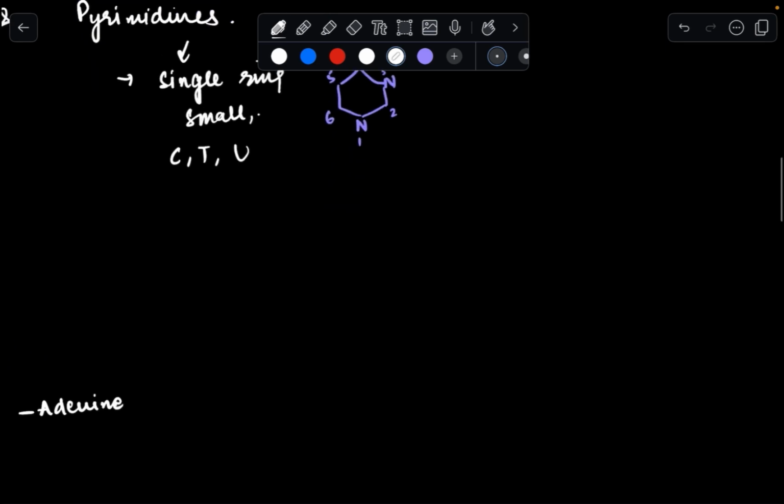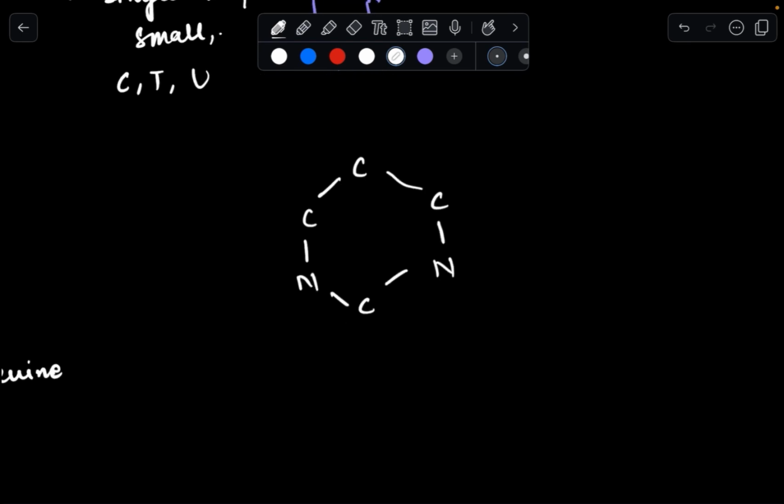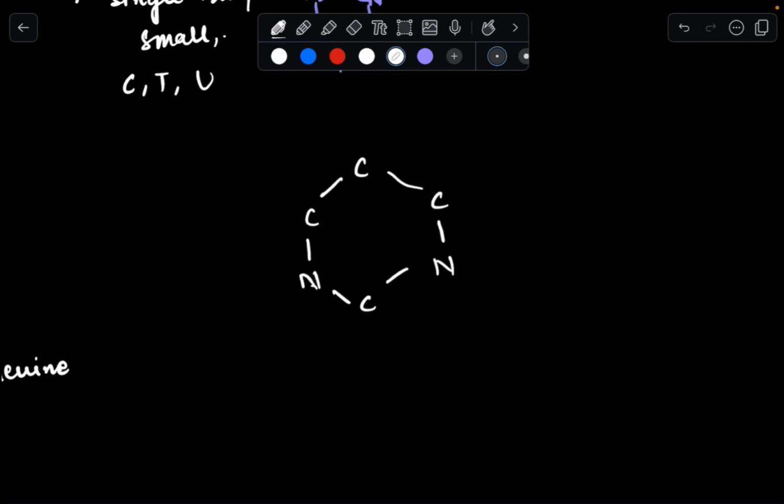Thymine is just a hexagon like this. Double bond O, NH, double bond O, CH3, CH, NH.